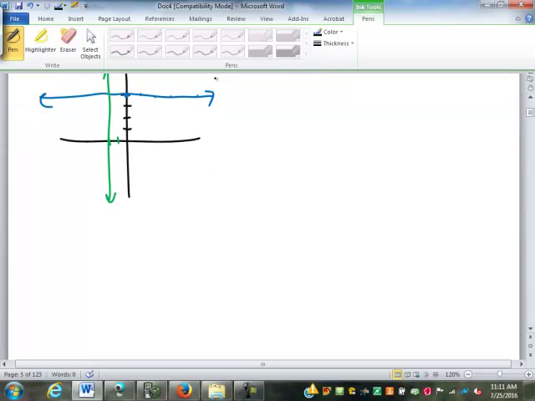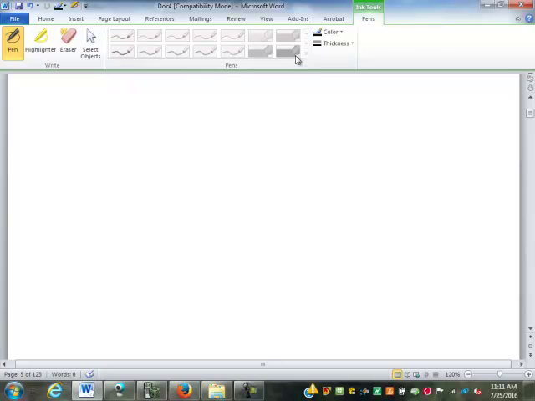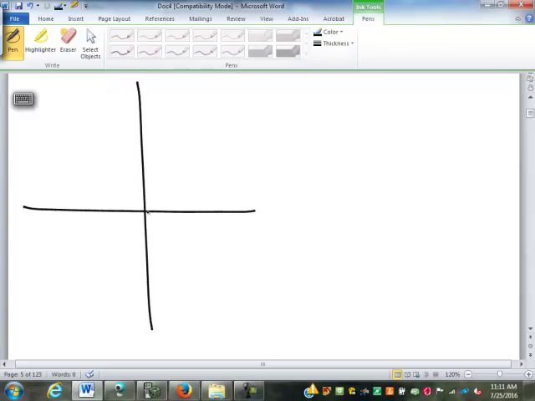We're going to look more at these other ones for just a minute and see what happens to them. I'm going to put a graph up here for a minute. We're going to start out with the simplest form of linear equation we can get. y equals x.